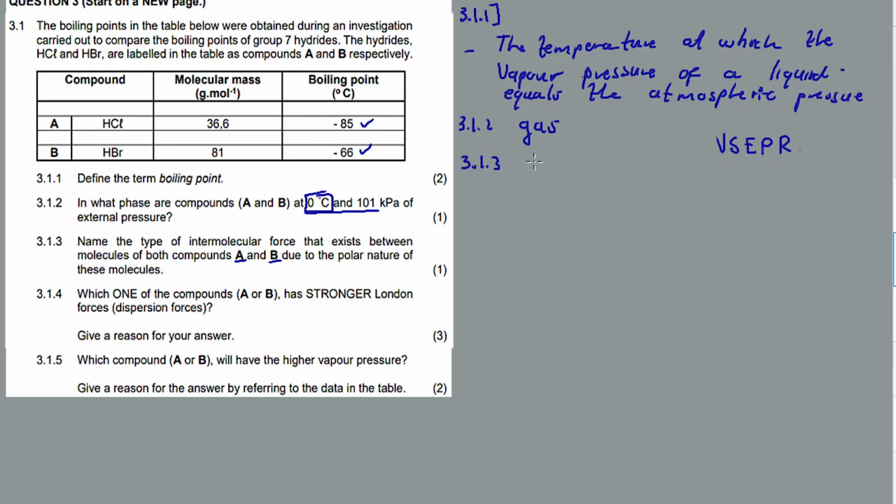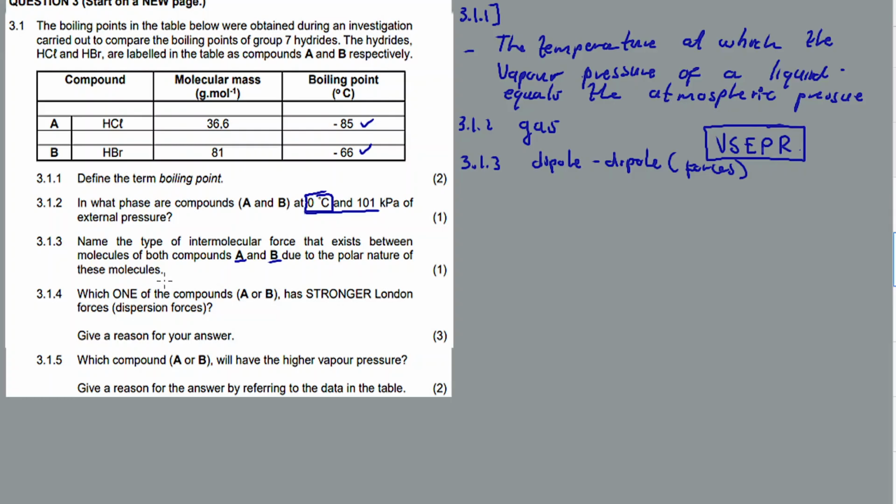Now then we get something called a dipole moment, right? So we're back with dipole forces again, right? When we look through the lens of VSEPR theory, the intermolecular forces between A and B are dipole forces.